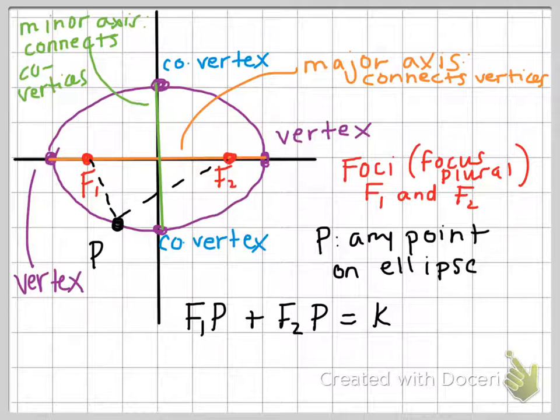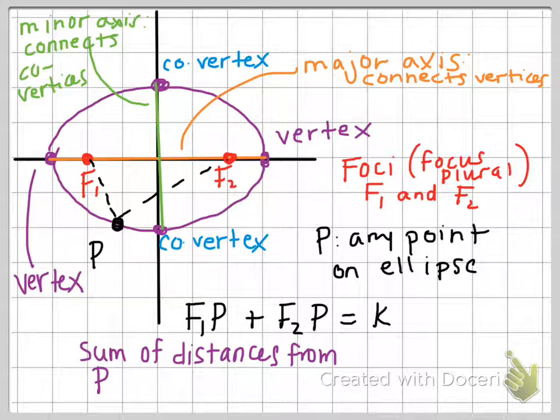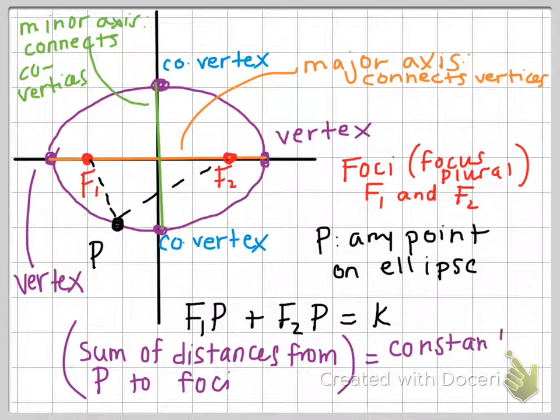So that number will change depending on if you have a different ellipse or not, but all of those distances will add up to be the same value. So again, the sum of the distances from a point P to the foci will always add up to equal some constant value. We won't really use that concept today, but we will tomorrow.